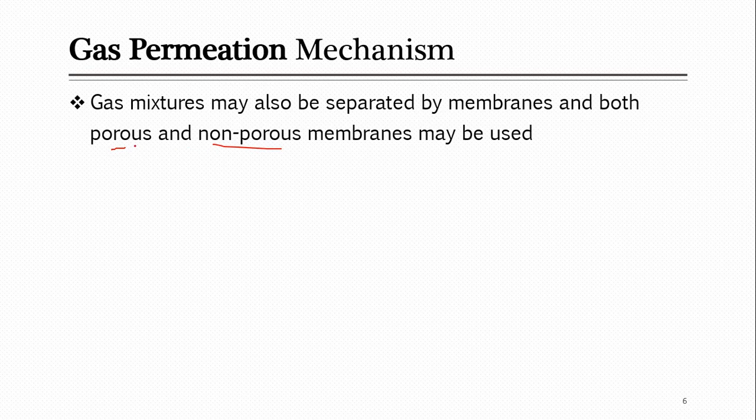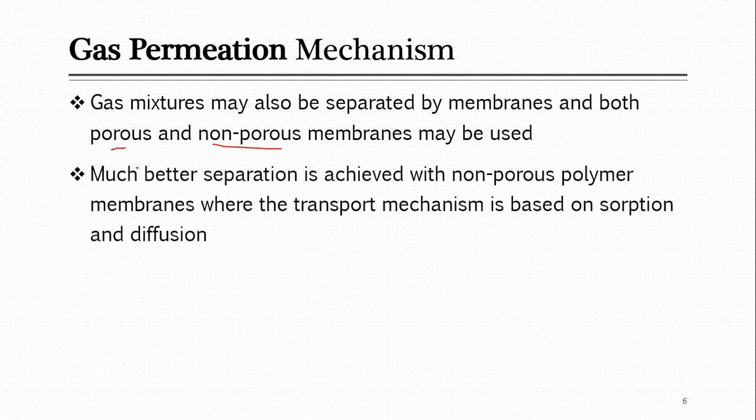Porous or microporous is the same thing. Both can be used for gas separation, but non-porous membranes are the much better selection, because through these membranes separation takes place based on properties of the membrane material or the interaction of the membrane material with the components you are separating, and absorption and diffusion of some component can take place. Some are easy to separate while others are not.